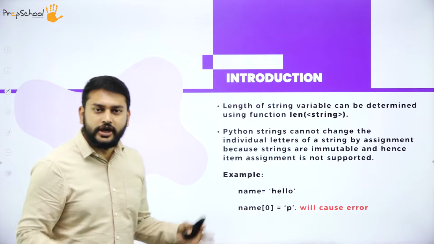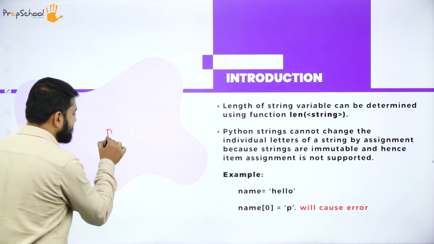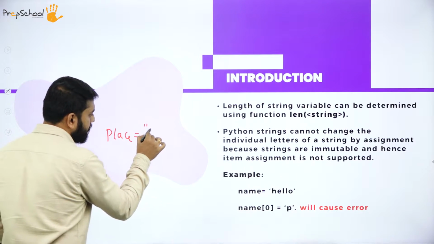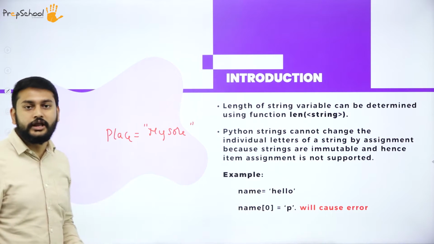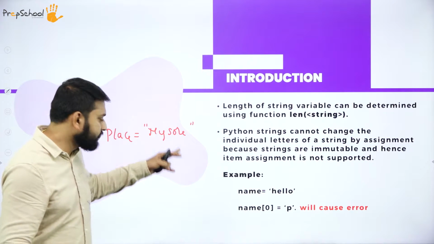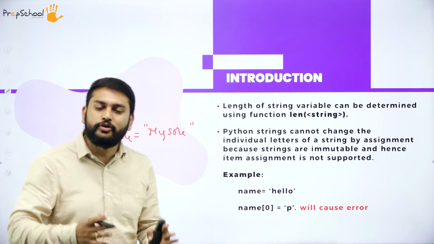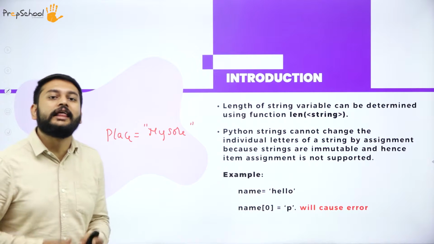How do you check the length of the string? Suppose I have place is equal to Mysore, and I want to check the length of the string. Length means how many characters I have in the string.